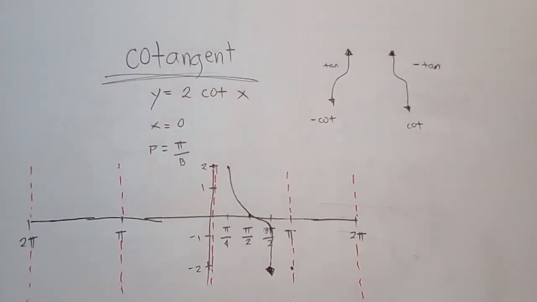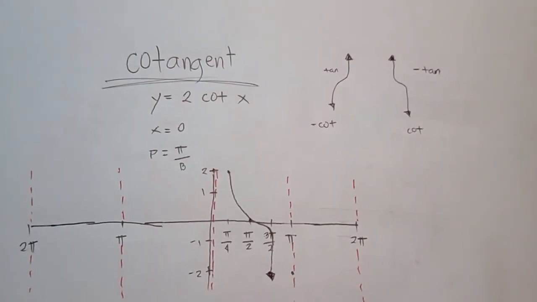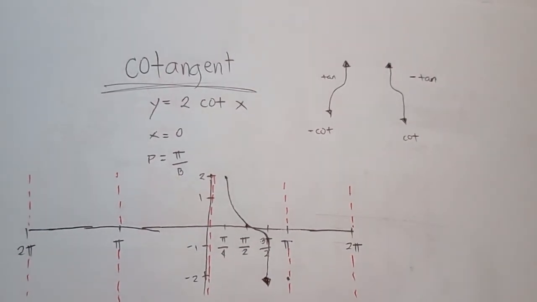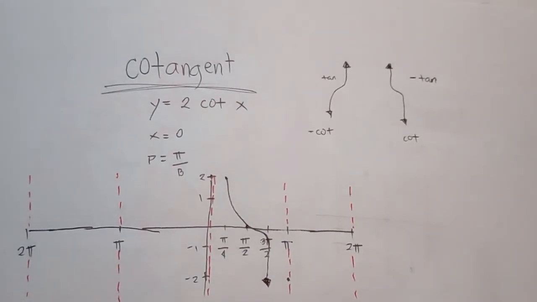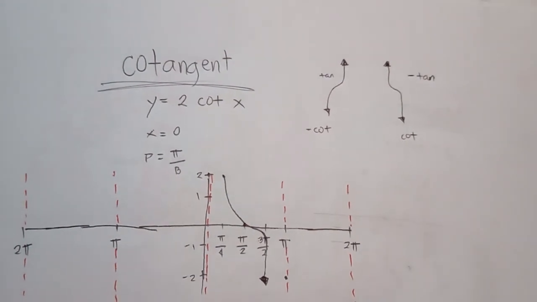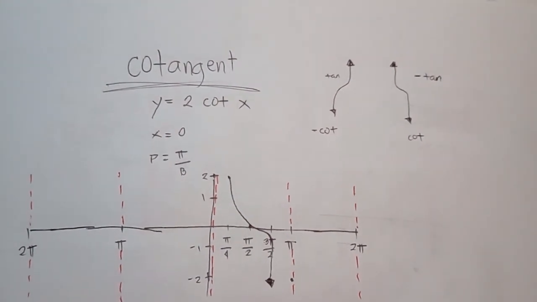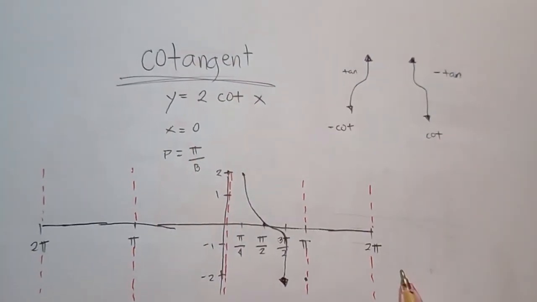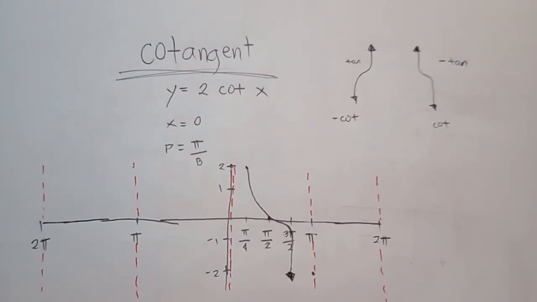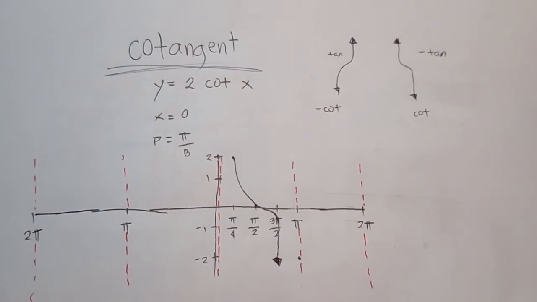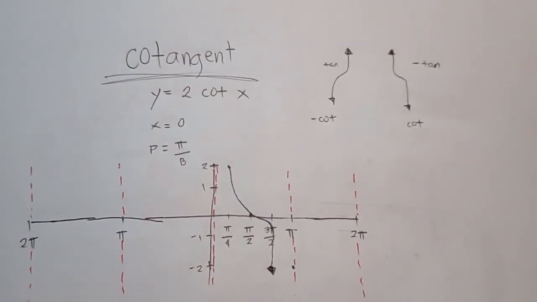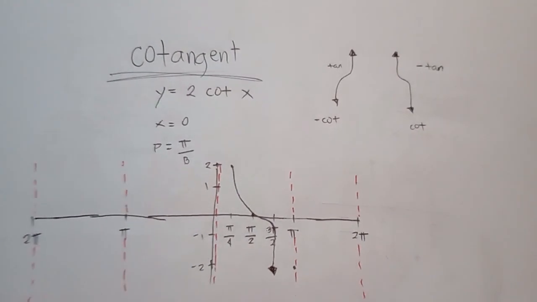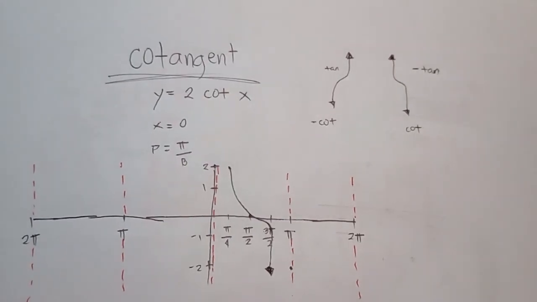The vertical asymptotes are not the same as they are in tangent. The vertical asymptotes are x equals 0, pi, and 2 pi. Keep in mind the period of tangent and cotangent is pi over b, so b is 1.